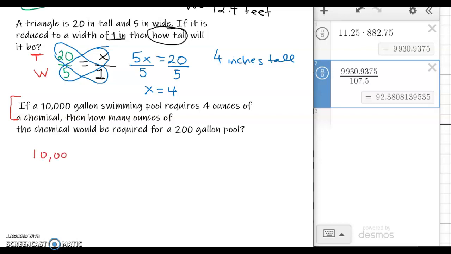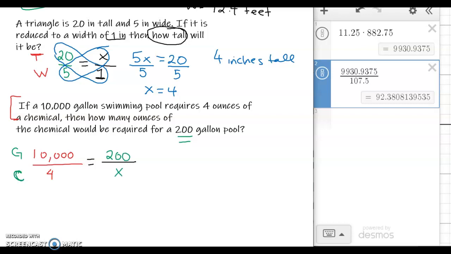We know that 10,000 gallons needs 4 ounces of chemical. Now, we're comparing this to what would happen if I had a 200 gallon pool. So this is my gallons, these are my chemicals. The gallons goes on top, and I need to know how many chemicals I would need.